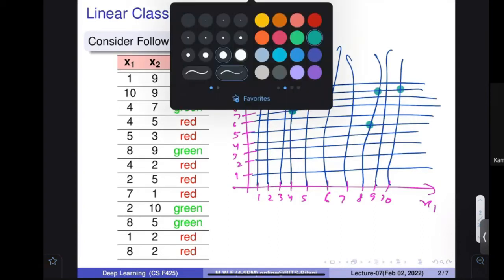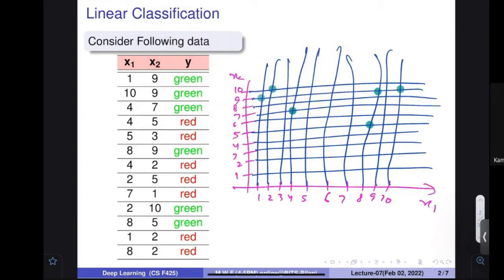Let me plot the red points also. So red is 4, 5. This is red. And 5, 3 is this red point. Then 4, 2 is this. Then 2, 5.